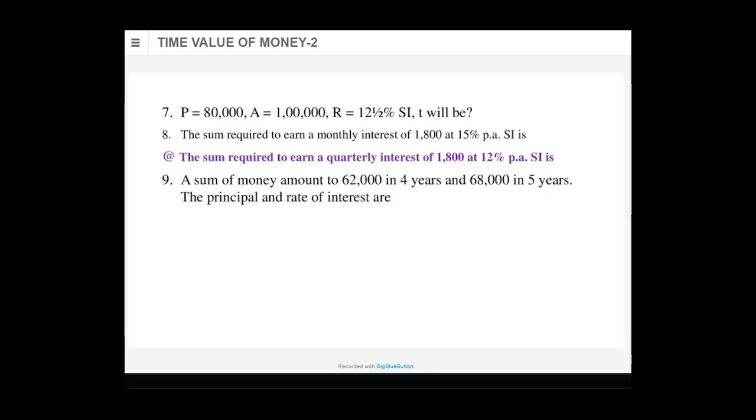8. Be careful. The sum required to earn a monthly interest of 1,800. So 1,800 is monthly interest, at the rate of 15% per annum.